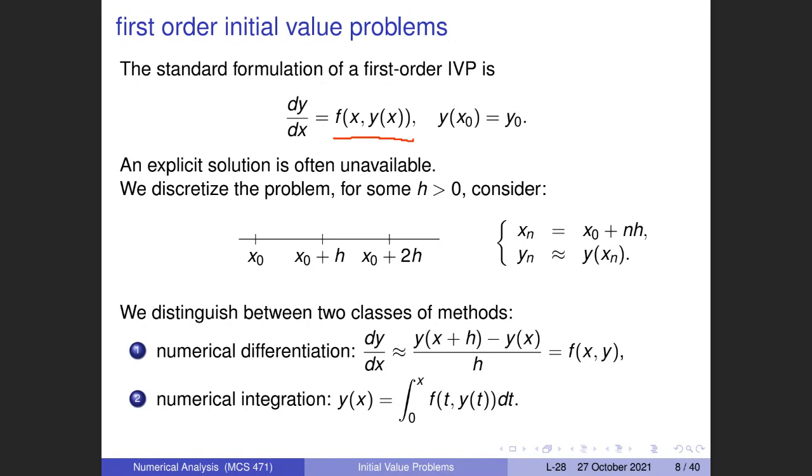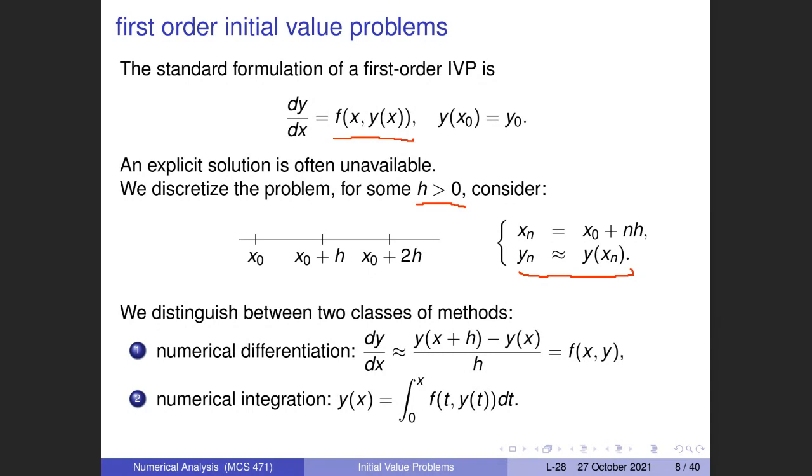That's already one motivation to consider numerical methods. We will approximate the solution. Here we have a grid or a discretization of the space line or the timeline, and we have our h, the step size.